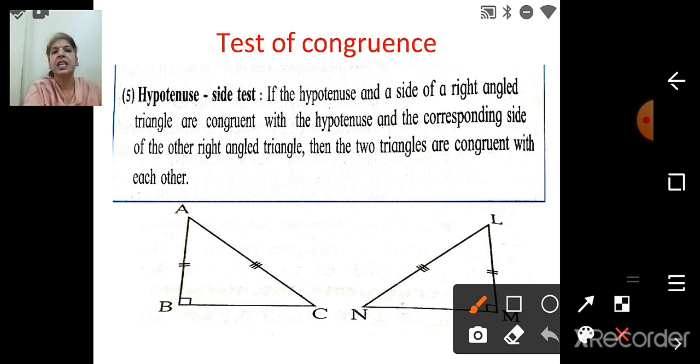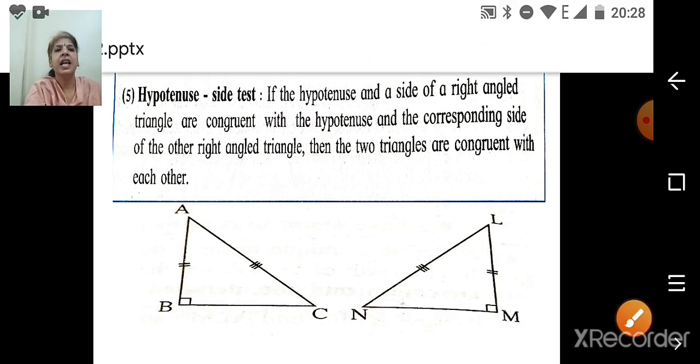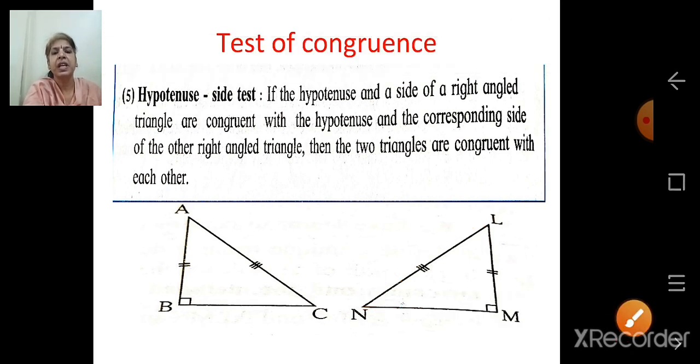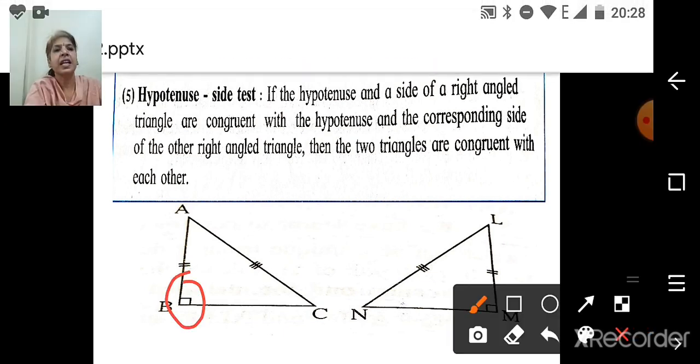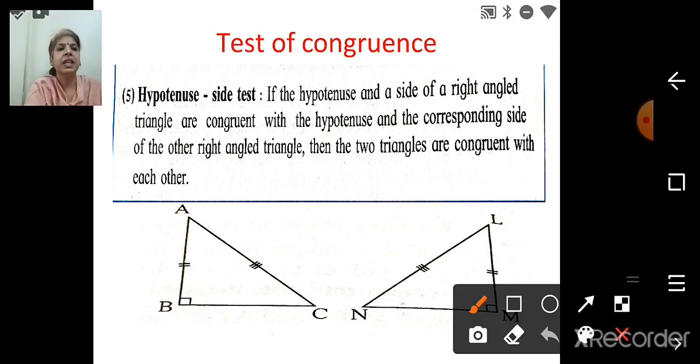So you can see here two given triangles. Which are those triangles? First is triangle ABC and the other one is triangle LMN. If you see properly, in ABC, angle B is a right angle, and in LMN, M is a right angle.